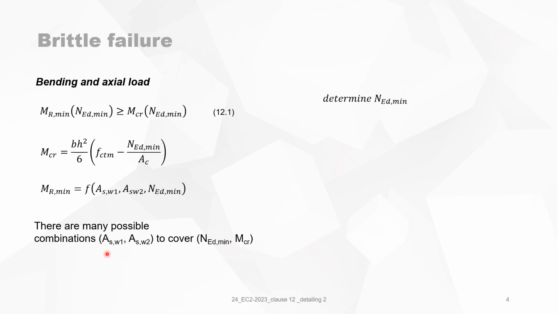So now we have to make some assumptions because we have one parameter too many. The procedure is that you first determine NEd,min, then you calculate the cracking bending moment, but you use some assumptions already. You say it's pure elastic, and you assume that there is no contribution from the reinforcement, otherwise it's getting very difficult.